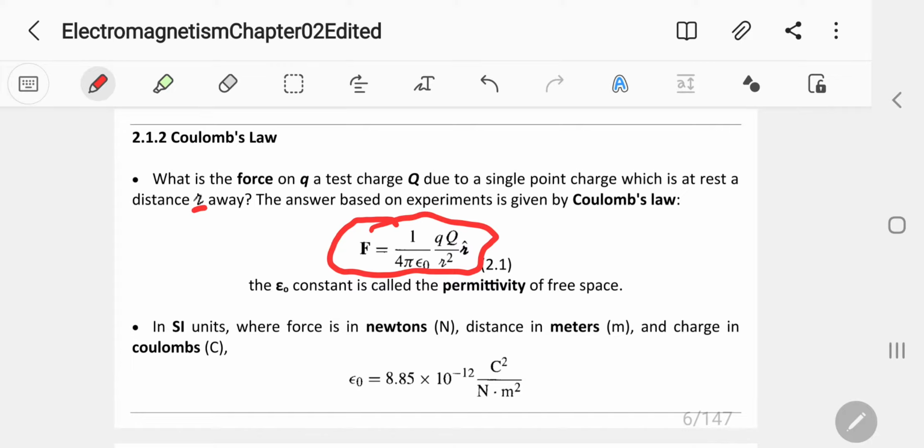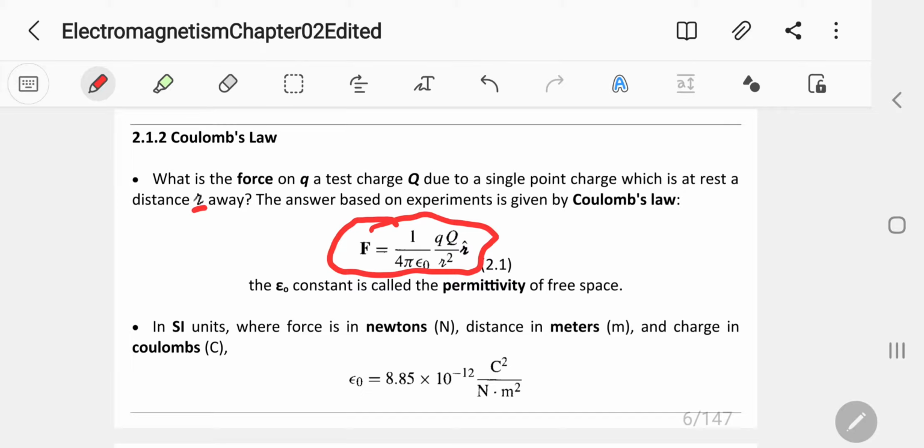You have the force is equal to 1 over 4 pi epsilon sub 0, where the epsilon sub 0 there is called the permittivity of free space. Of course, the vacuum is also the free space.